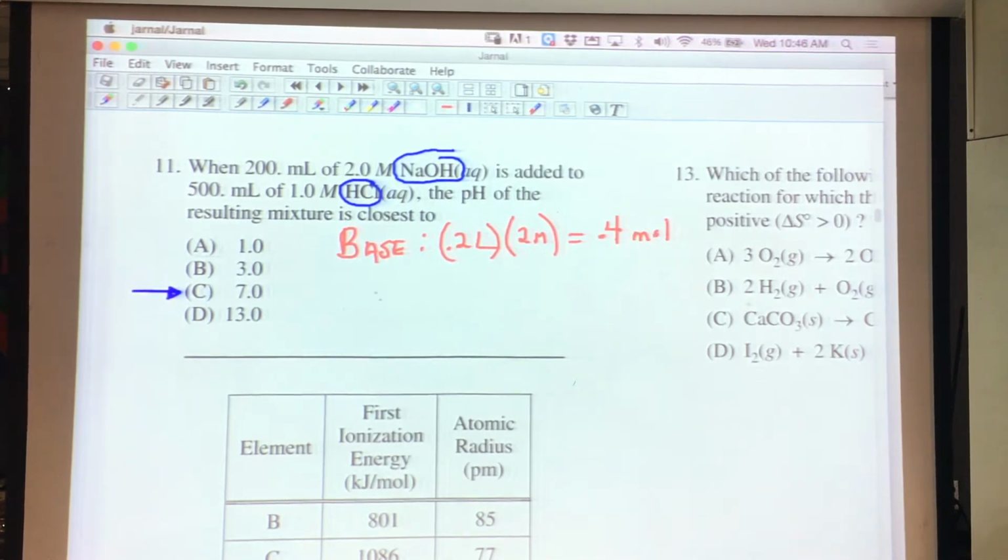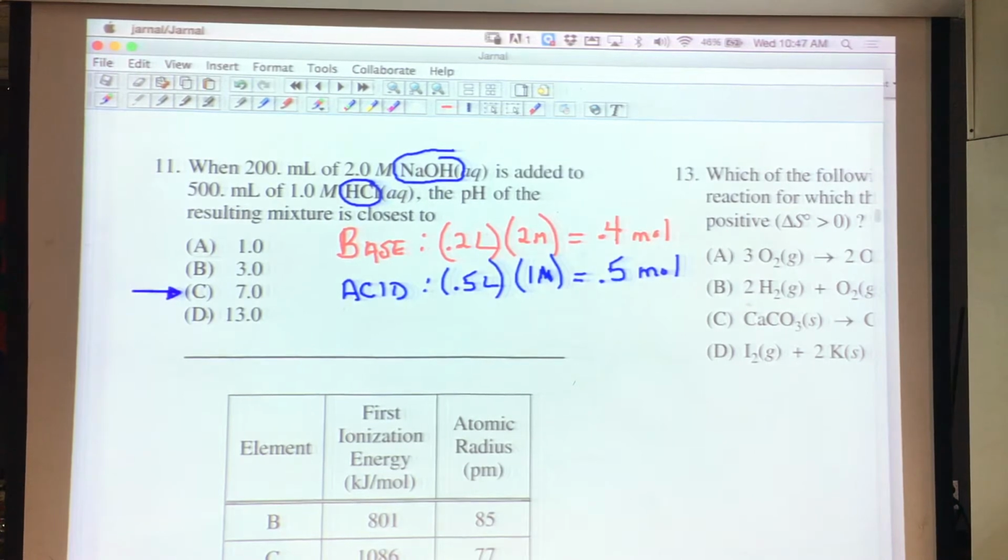Here's my acid. 0.5 liters because it's 500. I'm going to multiply it by 1 molar, which is moles per liter, and you get 0.5 moles of the acid.